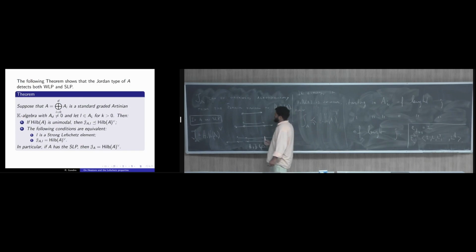And SLP is equivalent to this picture, which is saying that the Jordan type is the dual of the Hilb.